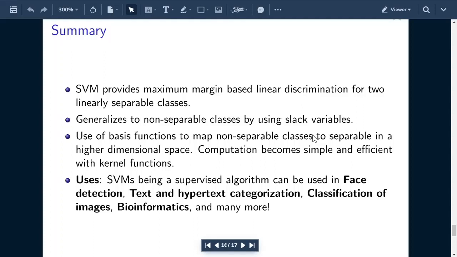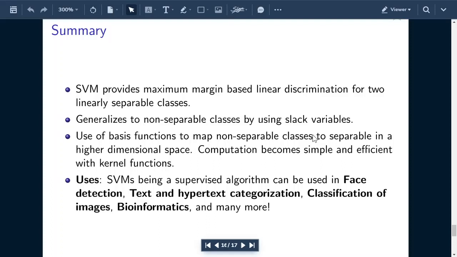I hope these things are in your mind. And the third is the use of basis function to map into higher dimension from lower dimension. That example of classes C1 and C2, where C1 is the class of all the points which are close to origin, less than one distance, and C2 is all the points which are away from origin, greater than one distance. So we understood this: hard margin, soft margin, slack variables, penalty factor, and kernel function.